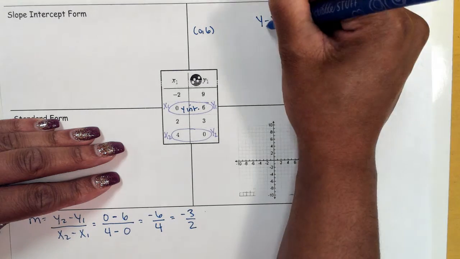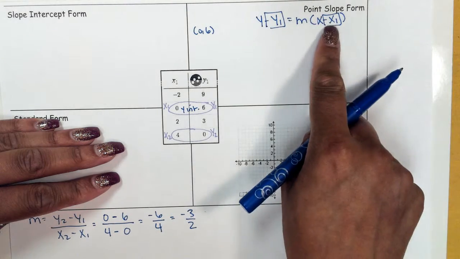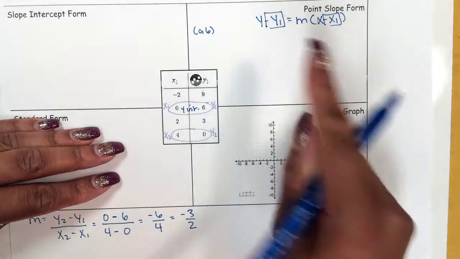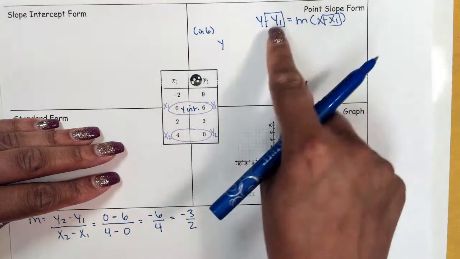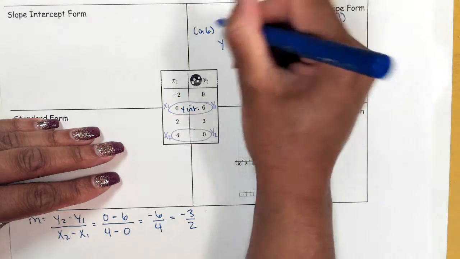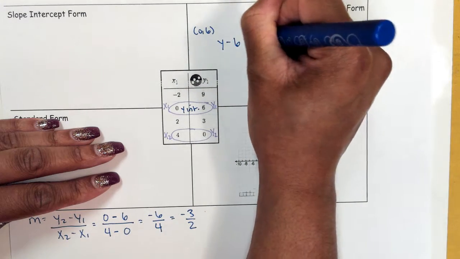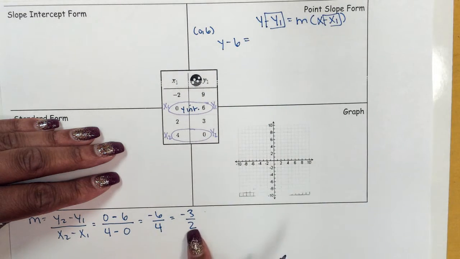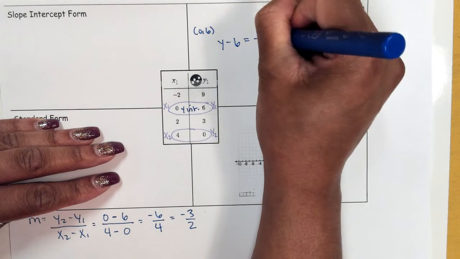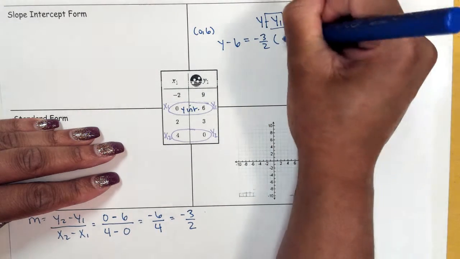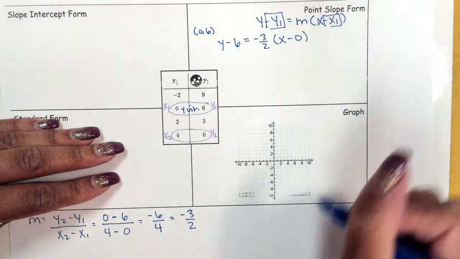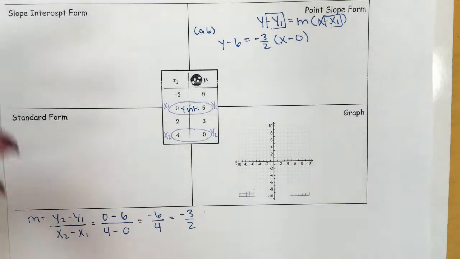And remember, we said in our boxes, we're going to take the opposite of the point given. So I have y minus y1. The opposite of 6 is a negative 6 equal to m, which we found it to be negative 3 over 2. Open parentheses, x minus 0.